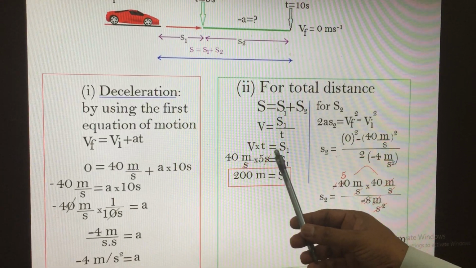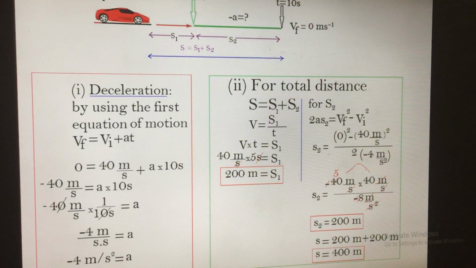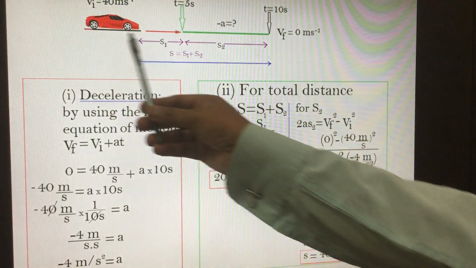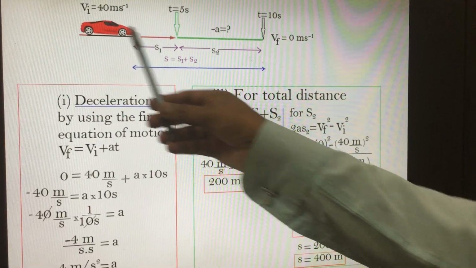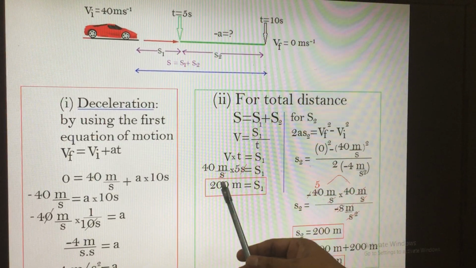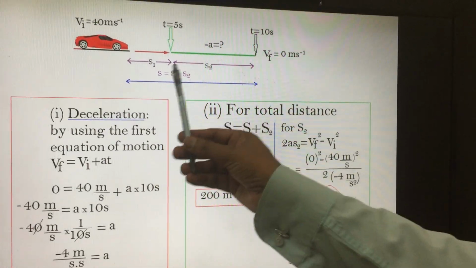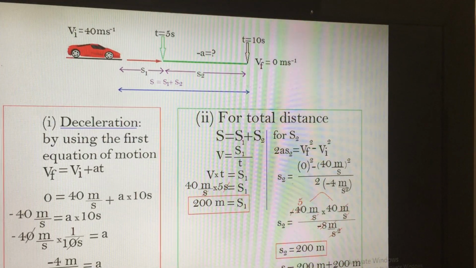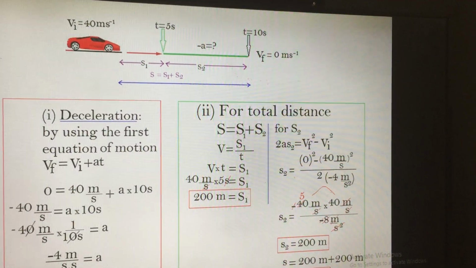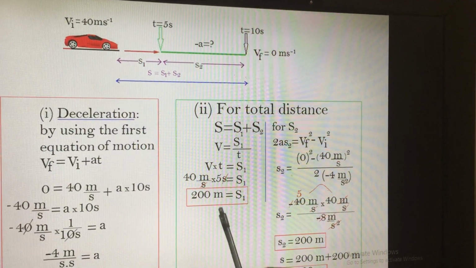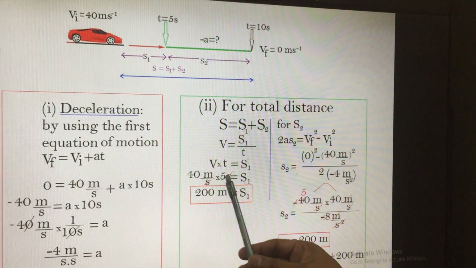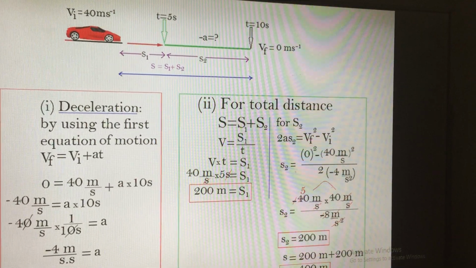V multiplied by t is equal to S1. Putting the values, velocity is 40 meters per second and time is 5 seconds for this distance, right? Now this second and this second cancel out. We are left with only meters. So 40 multiplied by 5, we have 200 meters.